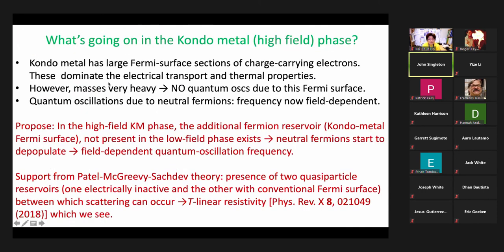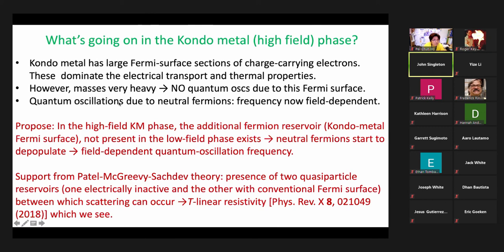So let's summarize. The condo metal has large Fermi surface sections of charge-carrying electrons, and these dominate the resistivity and the thermal properties. However, their masses are very heavy. We can estimate from the heat capacity that they're about 100 times the mass of a free electron, and so they're not going to give us quantum oscillations.